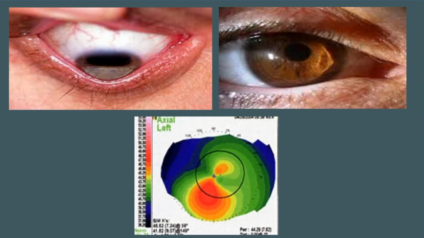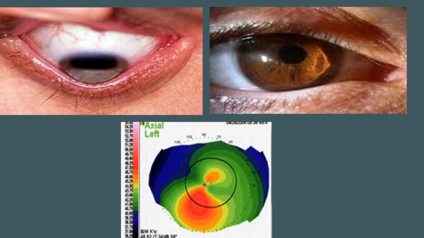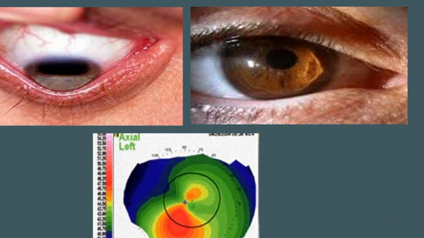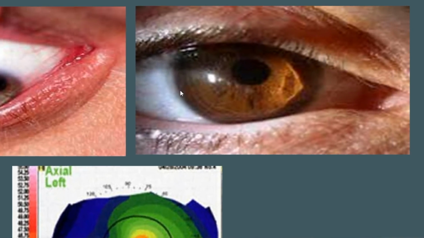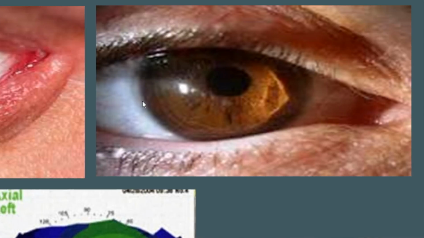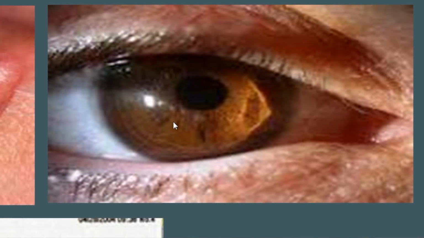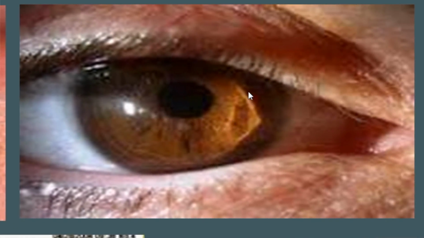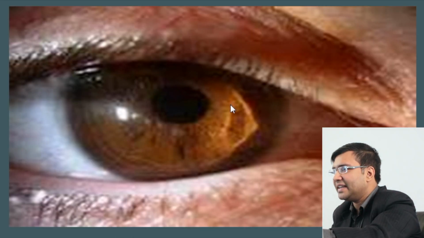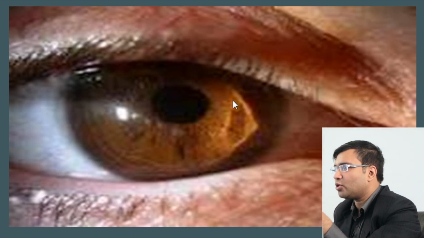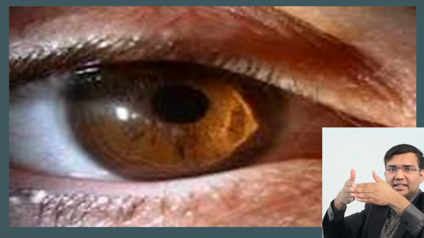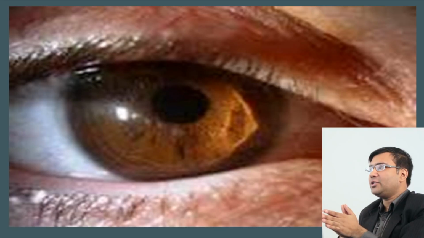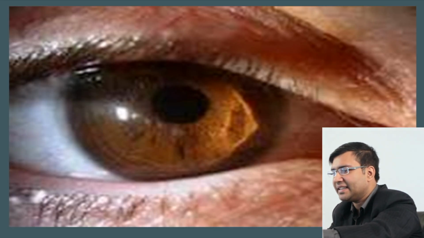Can you see in this picture? Now we are showing the light from the temporal side. Normally, this light reaches up to half of the nasal depth. But in keratoconus patients, since the eye is a bit conical, the light can pass, and more than 2/3 of the nasal side is illuminated.